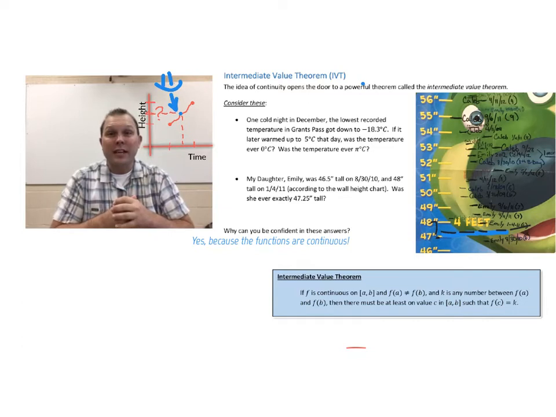Let's check out a couple more examples to see how this intermediate value theorem works.